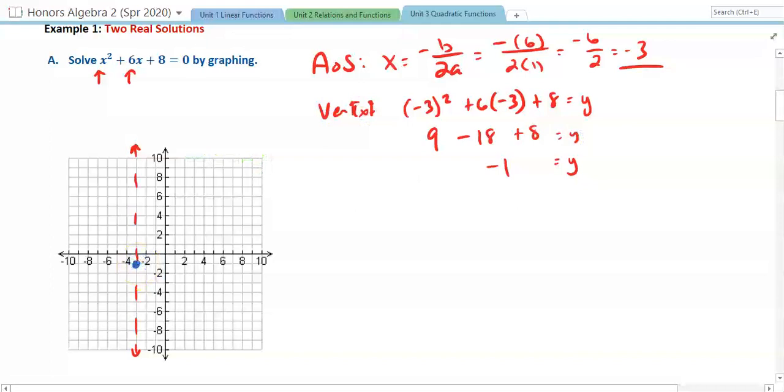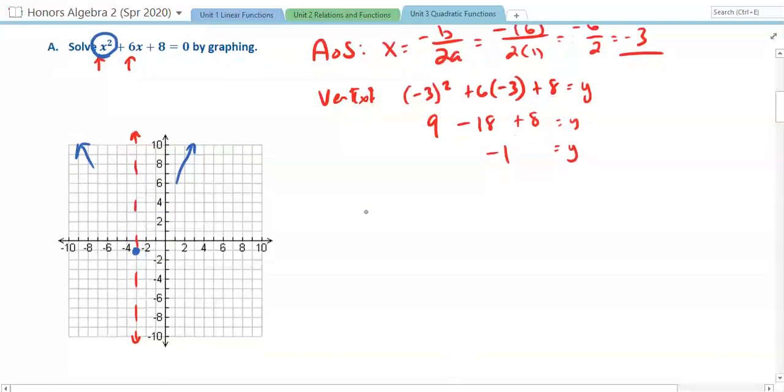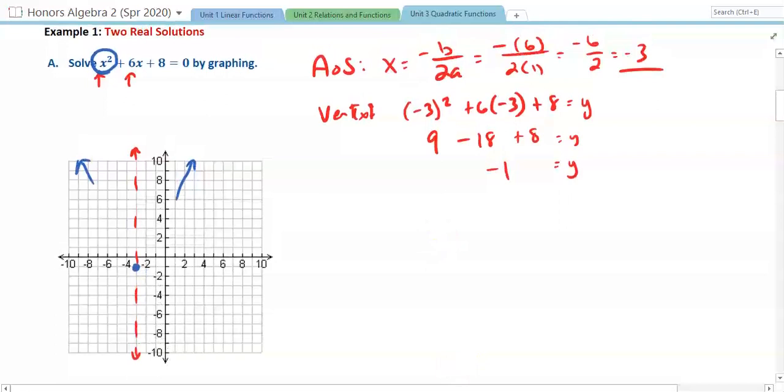Now, go back to chapter 2 again, think about opening direction, right? Our a is positive, which means this graph is going to open up like so. And so the question is, where is this going to cross the x-axis? And so we could use a table of values, and again, when we're graphing, that's one thing we could do. And so I'm going to plug in an x value here of negative 2, because that's the next one over from negative 3.